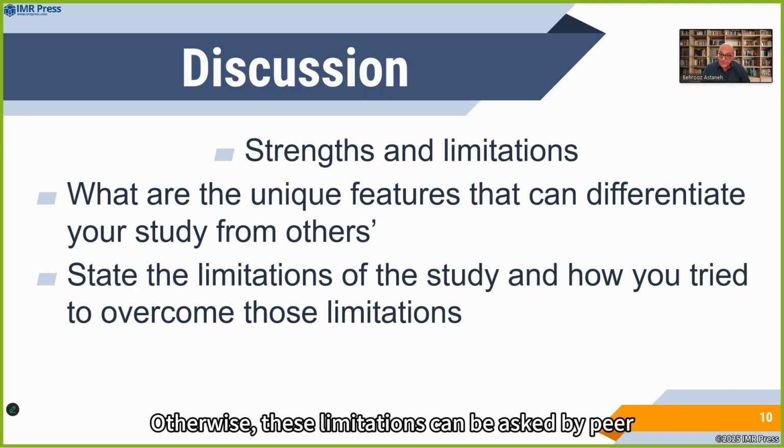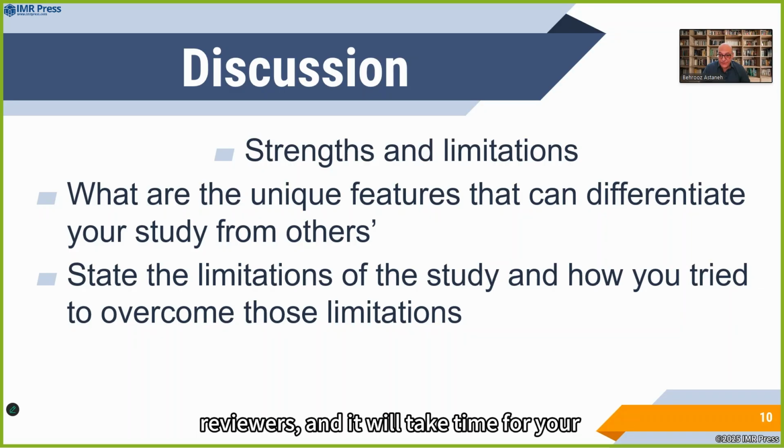Otherwise, these limitations can be asked by peer reviewers and it will take time for your article to be processed in journal offices. So in order to expedite the process of evaluating your article in most journals, I advise that you be honest, write the limitations of your study, and explain to the readers how you tried to overcome those limitations.